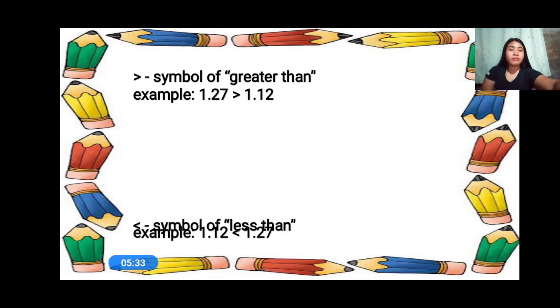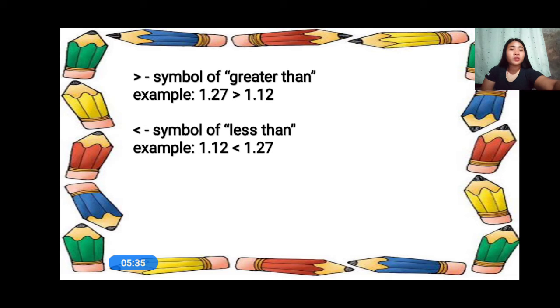Okay, and then we have the less than, 1.12 and 1.27. Remember that 1.12 is less than 1.27. That's why we use the symbol less than. So everyone, let us draw the symbol less than like this.